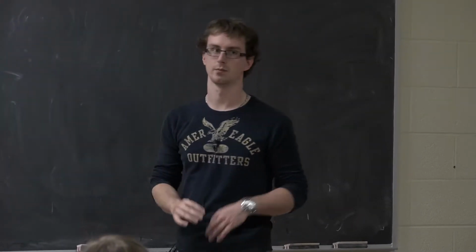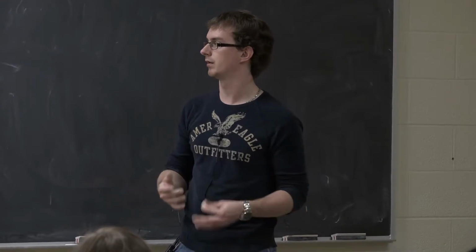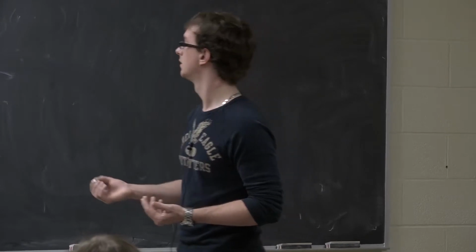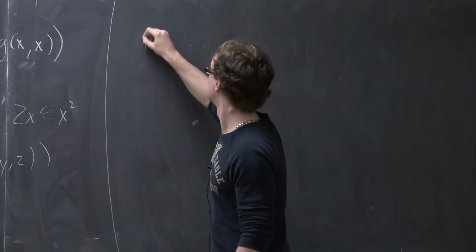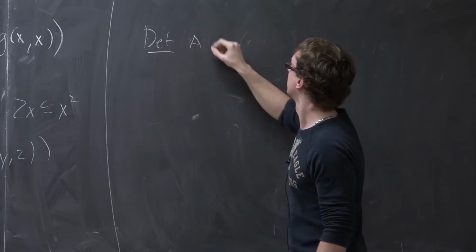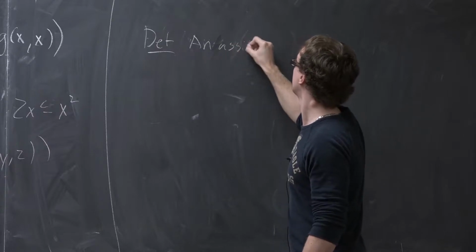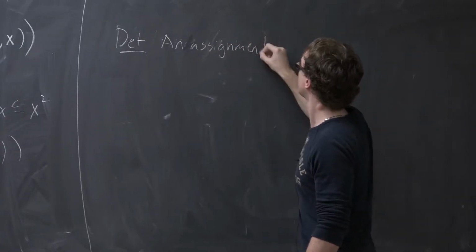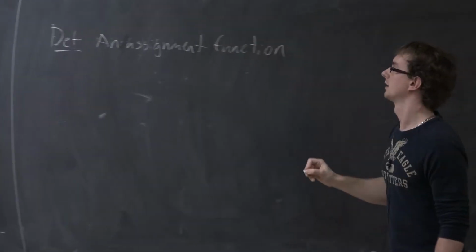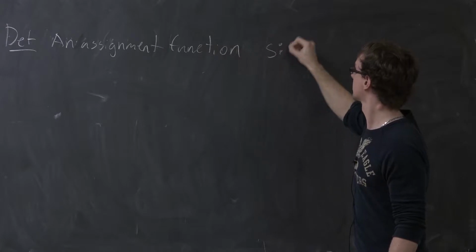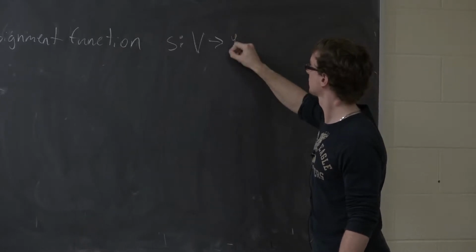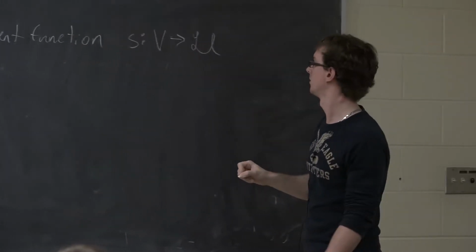So the first thing we have to do is start from the bottom and say what the simplest things in our language are going to get. To be clear, what we'll do is define an assignment function, and this assignment function will take us from the set of possible variables to the elements in our domain.